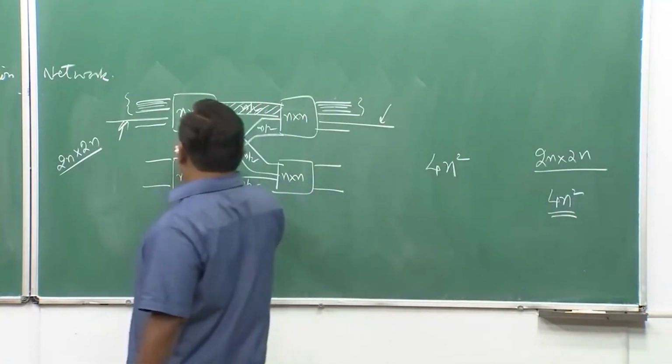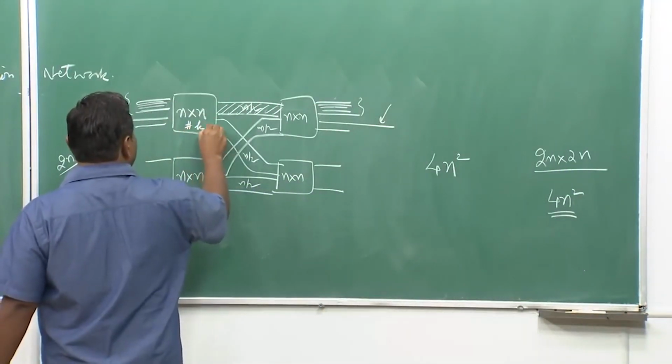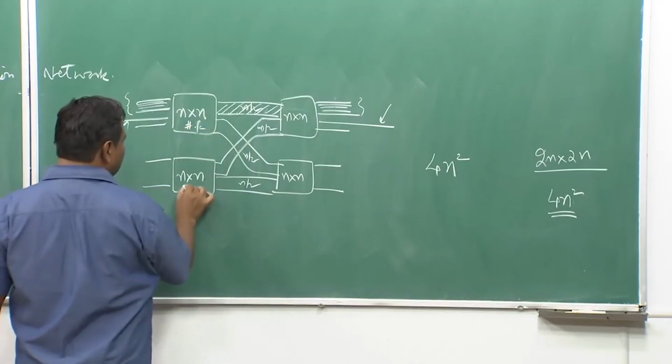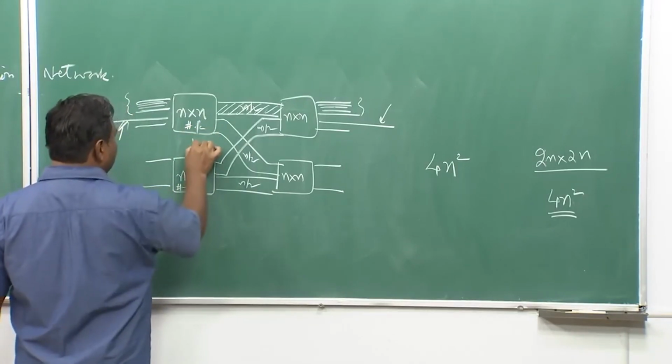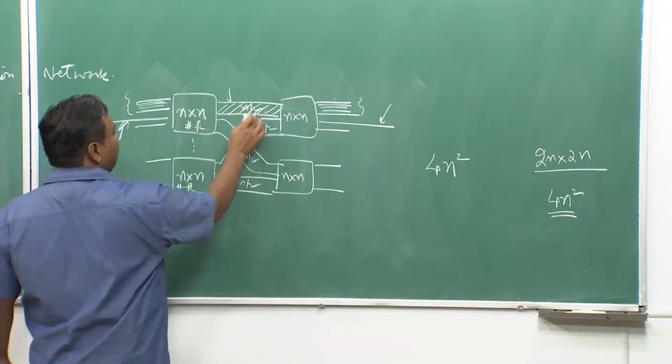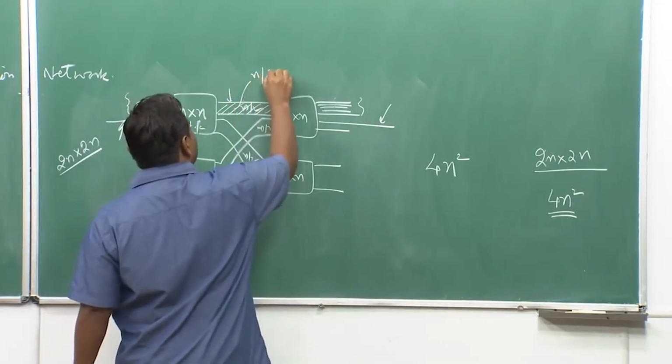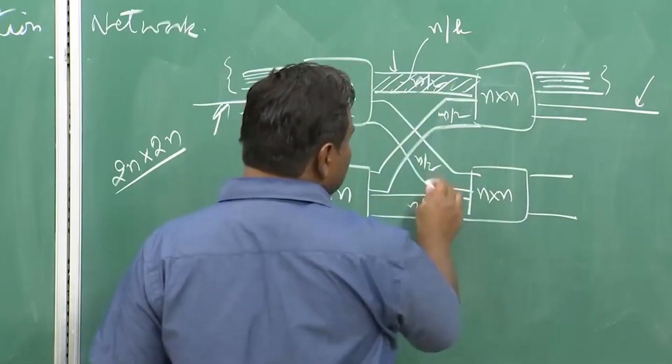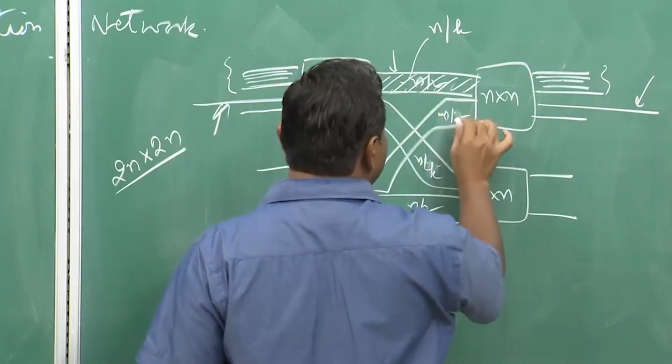But if I make it k such elements, so 1 to k, there are many such things. So, I am actually dividing this, it will not be n by 2, this will be n by k. So, many n by k's will be there, so all of them will become n by k.